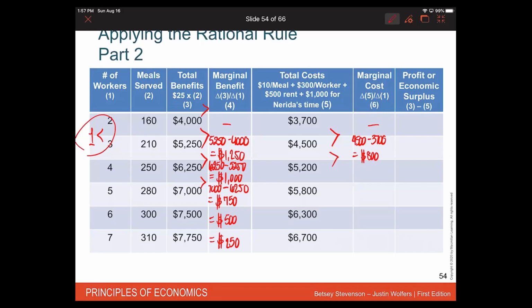Now, for the fourth worker, we subtract 5,200 minus 4,500 to get us the marginal cost to be 700 for 4 workers. Now, for the fifth worker, again, we do the same thing, subtract 5,800 minus 5,200, giving us marginal cost to be 600. Now, for the sixth and seventh worker, we found the marginal cost to be 500 and 400 respectively.